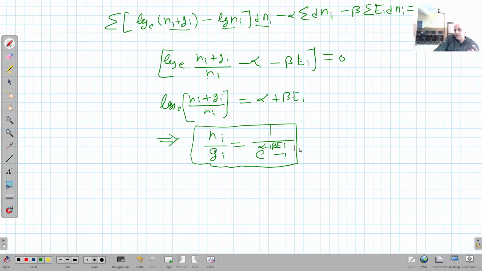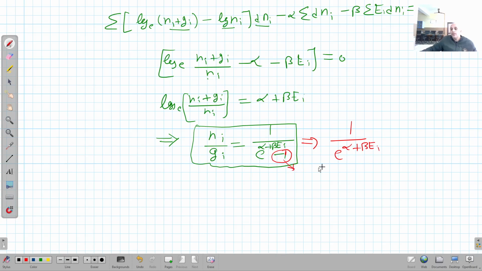Now, what is the difference between this law and the Maxwell-Boltzmann distribution? In that case, we have only 1 upon e raised to power alpha plus beta Ei. So here, a minus 1 factor is introduced in the denominator.